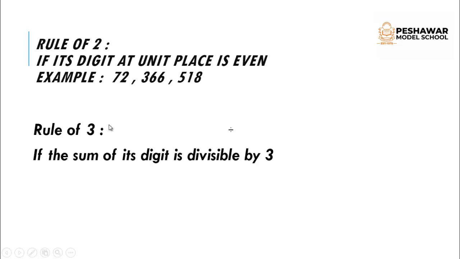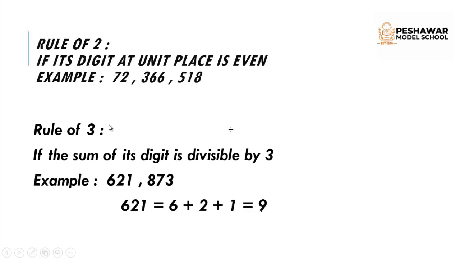The rule of 2 is, if the last digit is even, means if the last digit is divisible by 2, this is called even. For example, 72. In the example 72, the last digit is 2. 2 is divisible by 2. 2 1s are 2. That's why we can say that 72 is divisible by 2.